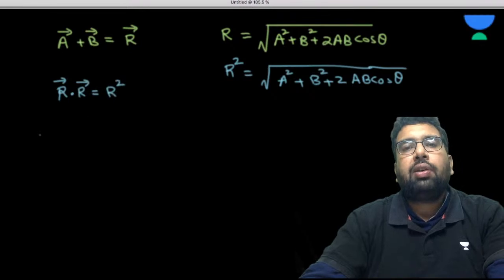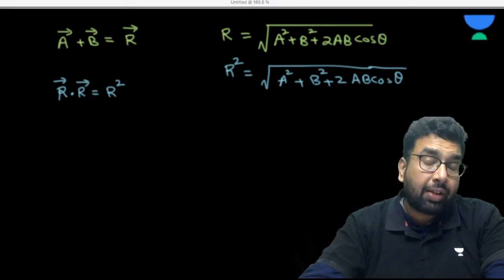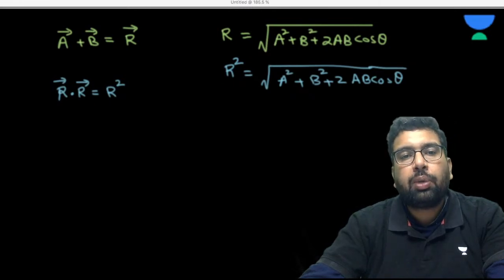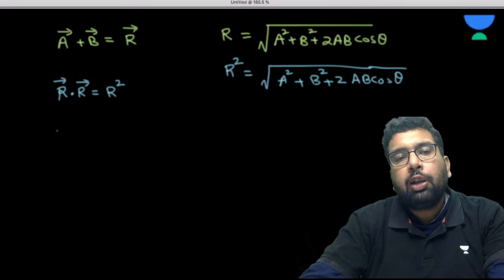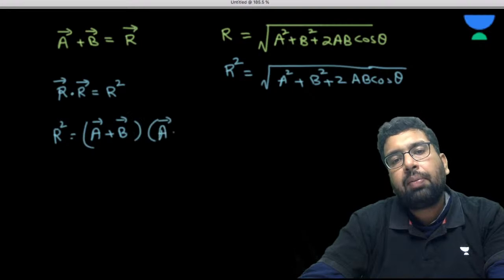We just learned that when a vector is dot product with itself, it becomes the square of the magnitude. Now, can I write this also? R vector is A vector plus B vector, and this is again A vector plus B vector.